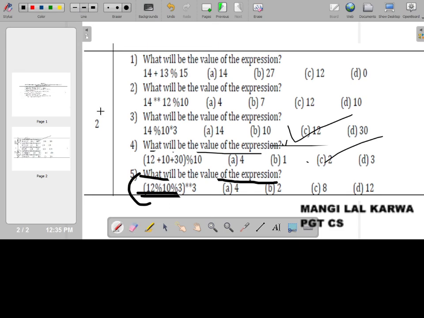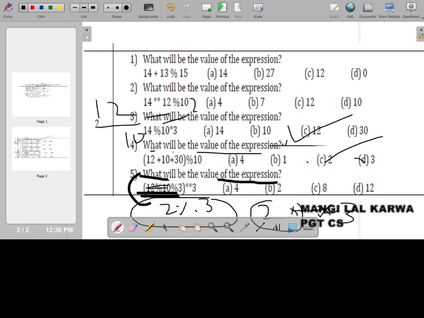We will evaluate first 12 modulus 10, remainder will be 2. So this will evaluate 2 mod 3, remainder will always be 2, because numerator is lower than the denominator. Now answer is 2 double star 3. 2 to the power 3 is 8. So right answer will be 8.